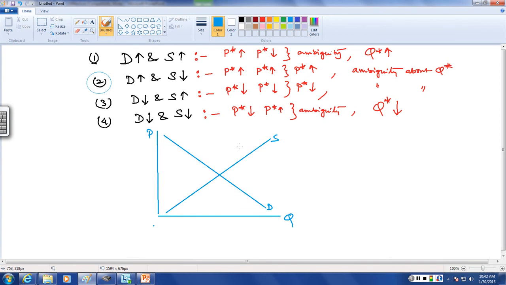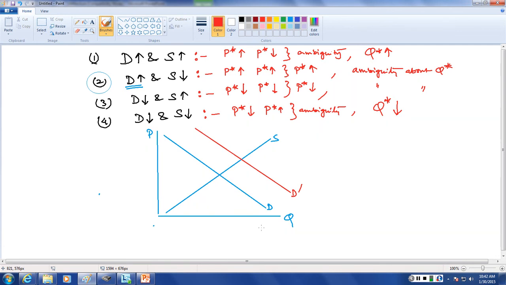So what do we have happening here? Demand's going up. So this would be a shift in which direction? This would be a shift of the demand curve outward. So that's the new demand curve. Agreed? D prime. Now, supply is going down. So there would be a shift leftward in the supply curve, correct?